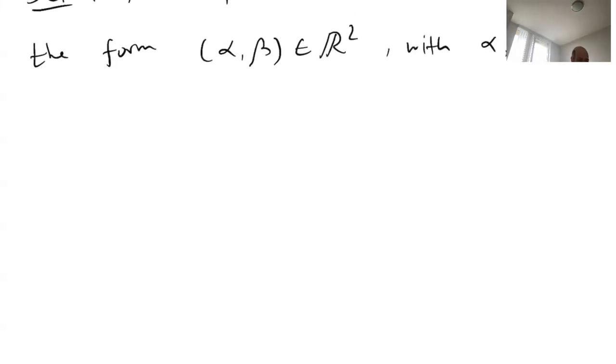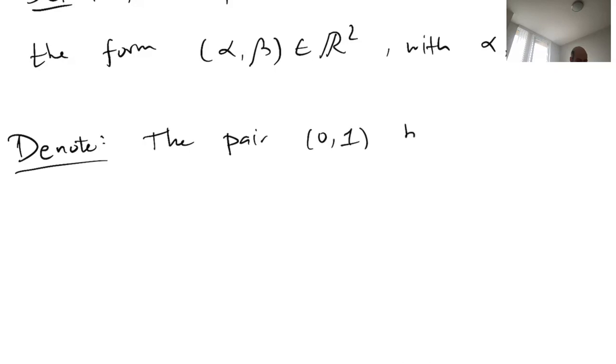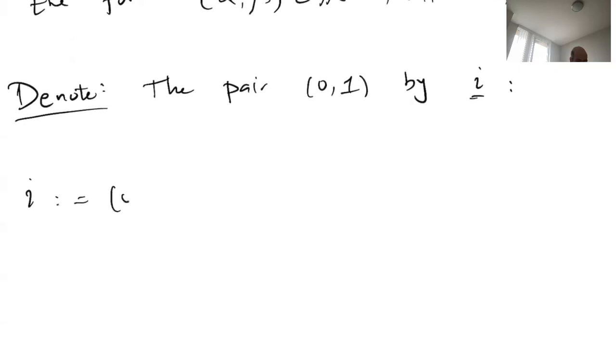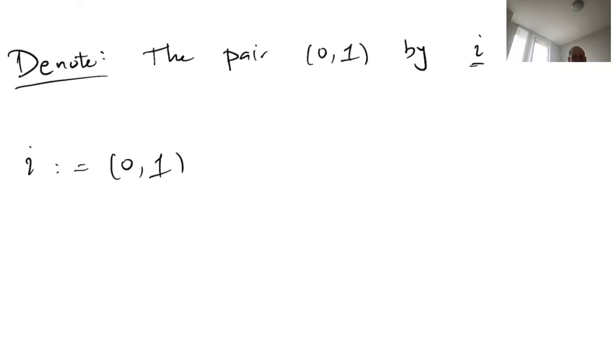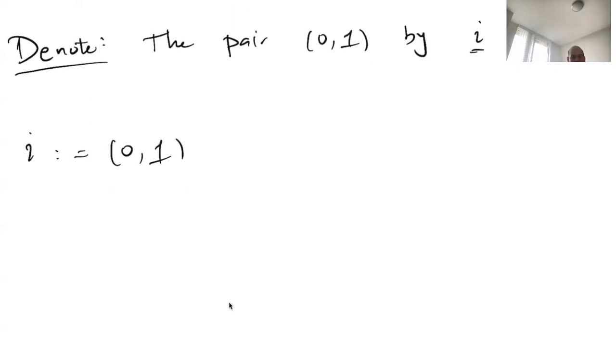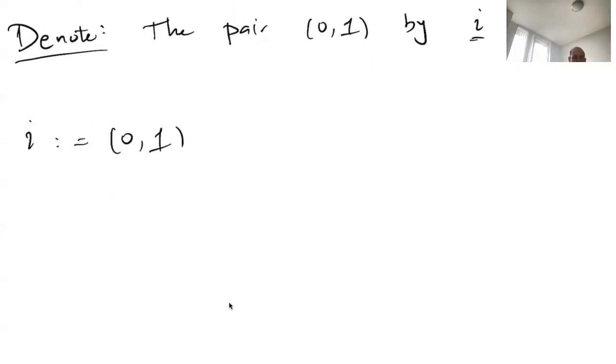So the notation here: let me denote the pair 0 and 1 by i. So i here is defined by the pair 0 and 1.